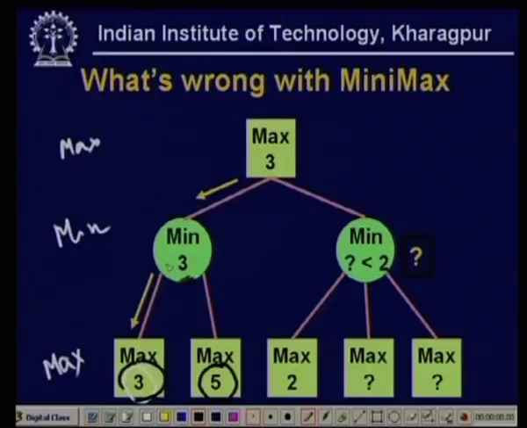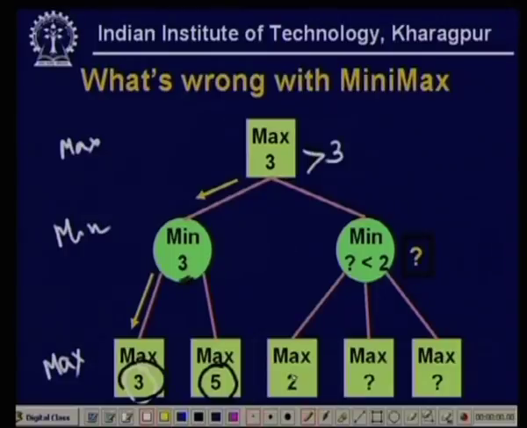It has already found a path through which the minimax value is 3. It should go to another path only if its minimax value is greater than 3. Okay. So, when we come here, we know that the max value must be greater than 3.